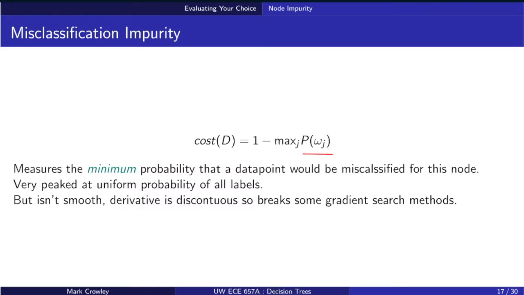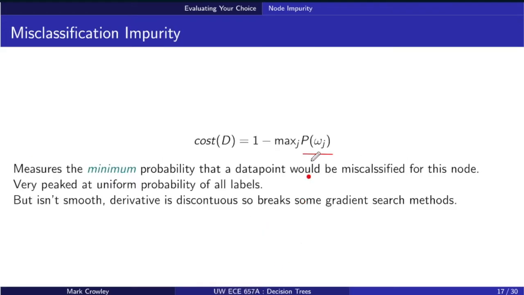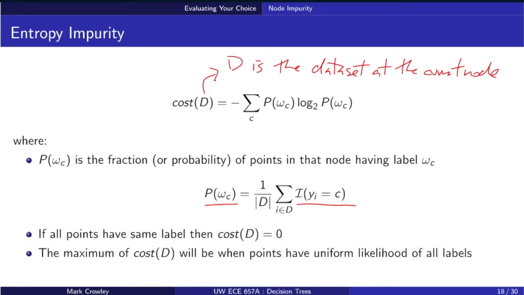So the probability p_j is the probability that we're getting it correct, and we pick the data point that would give us the highest probability of getting it right, and we say, well, what if we got that one wrong? So that would be our cost in this way.